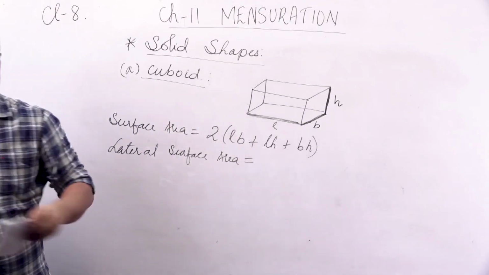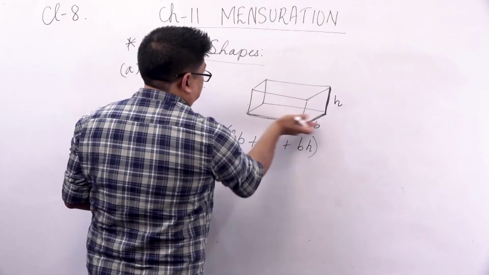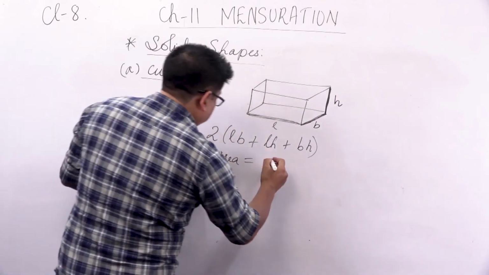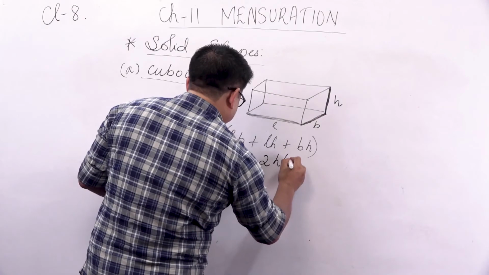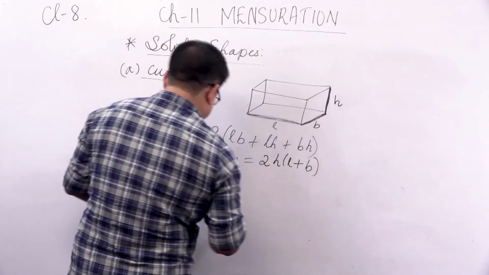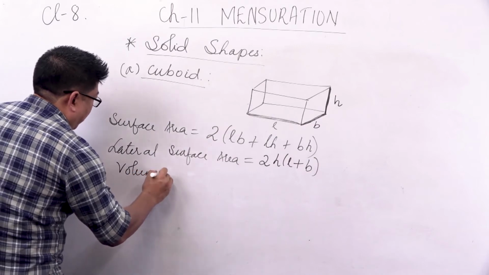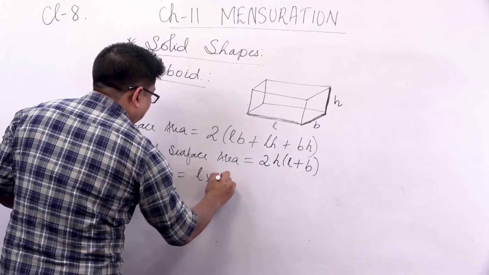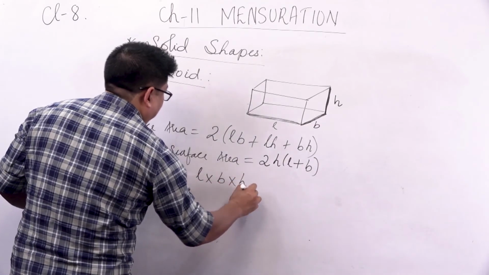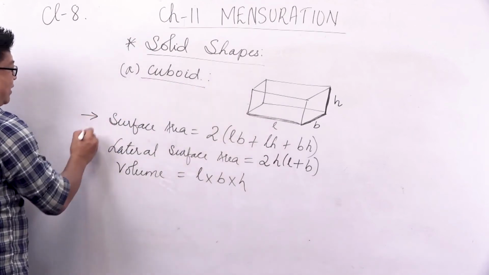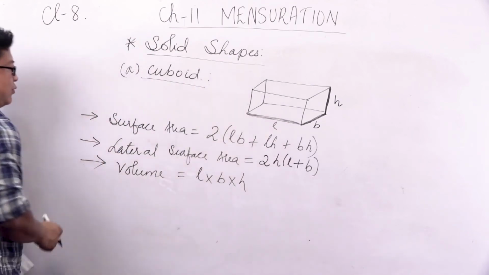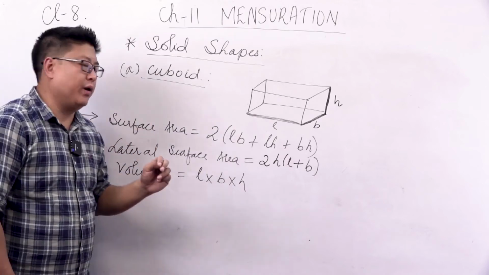So that is your lateral. We leave out the top and the bottom. So the formula will be 2H into L plus B. And then the third formula, volume. Length into breadth into height. So these are the three formulae that you have to memorize for cuboid.